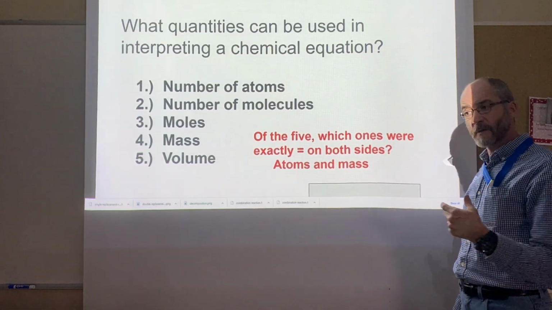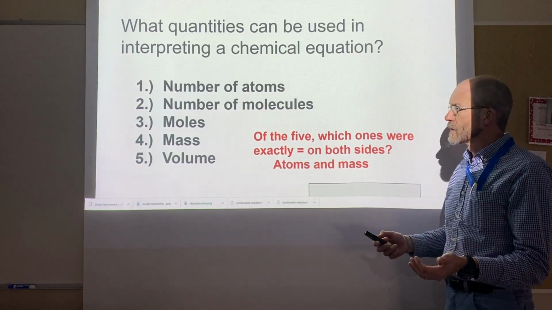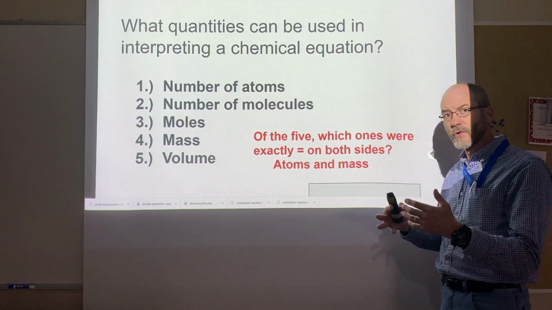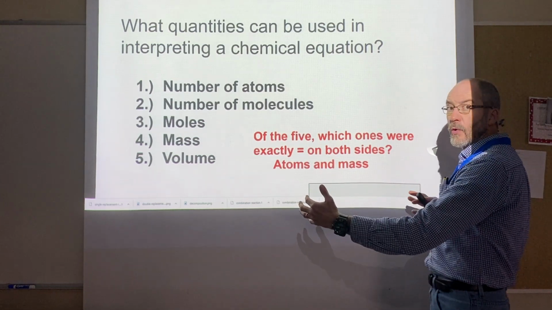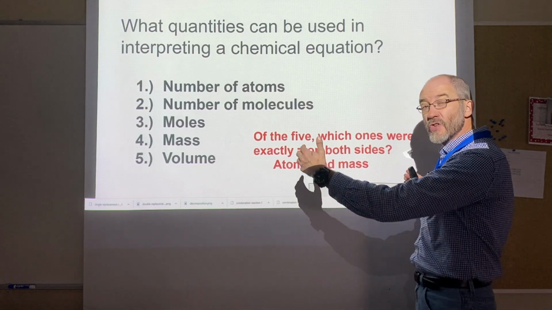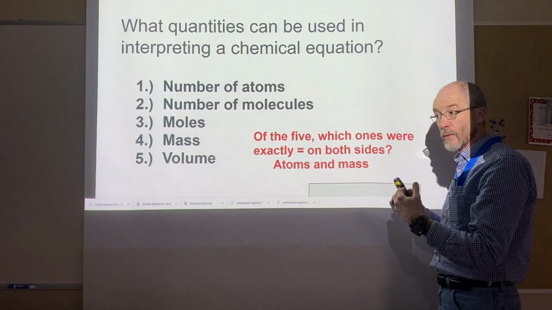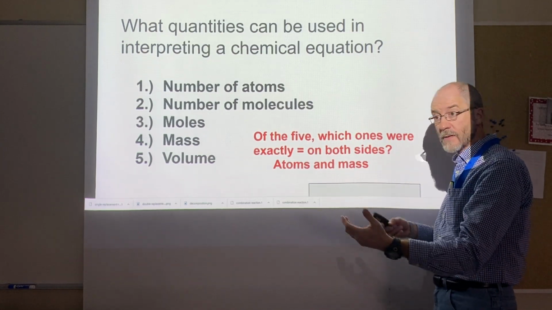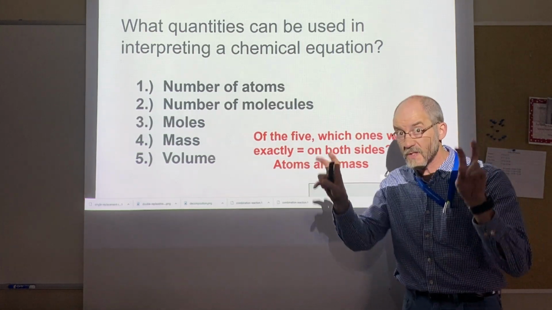All right, so this information is important for us to know and to realize. But what's really important is that we can look at that equation and the information it contains, and we can also take information from it. We can take values from it, that's what we've been doing this whole time, getting different values and talking about different quantities.